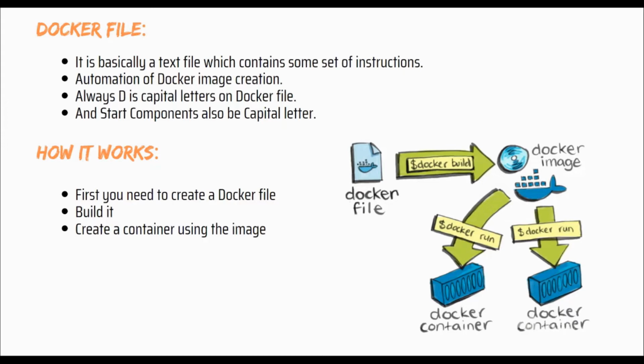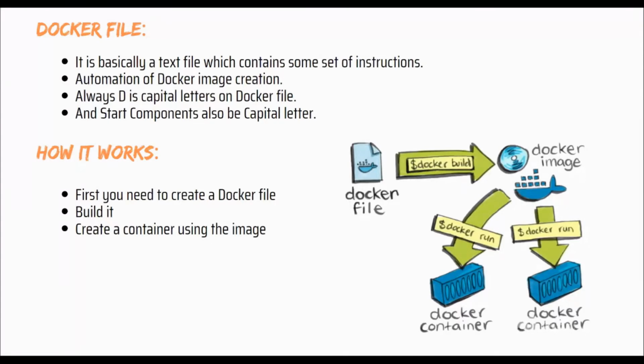So if you want to create a Docker image or a Docker container, you can create it by using it in an automated way. Okay. Next, in the Dockerfile, the first letter D is always going to be a capital letter. And inside the Dockerfile, you are going to work with some components. Those components will be in capital letters as well.